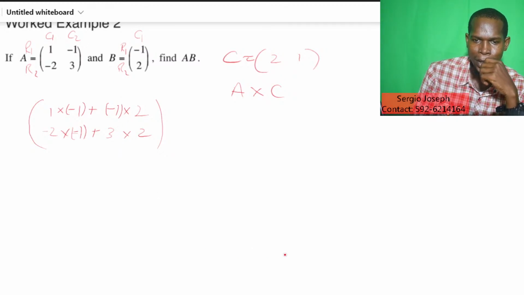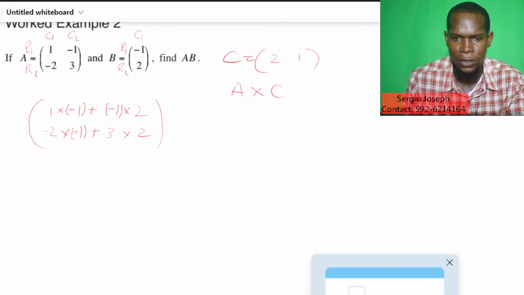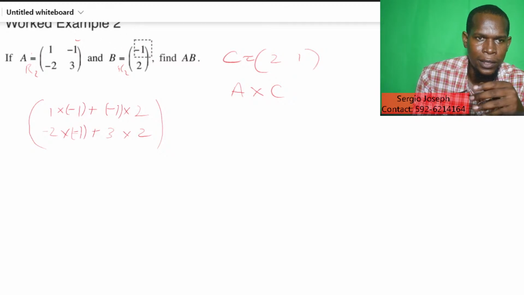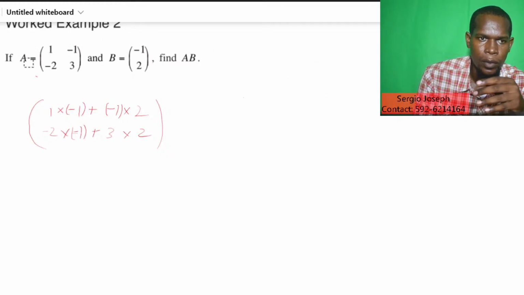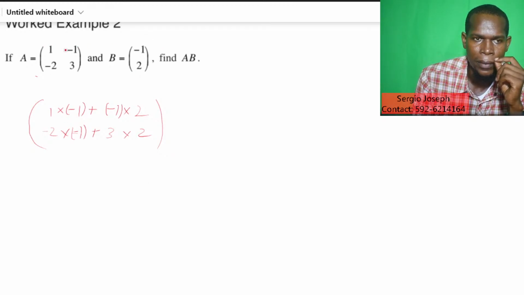So let me go over that again for the benefit of everybody so that we are on the same page. To multiply two matrices, we go row by column. Row 1 by column 1.